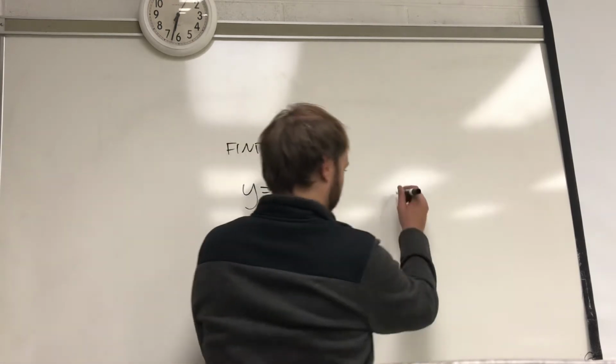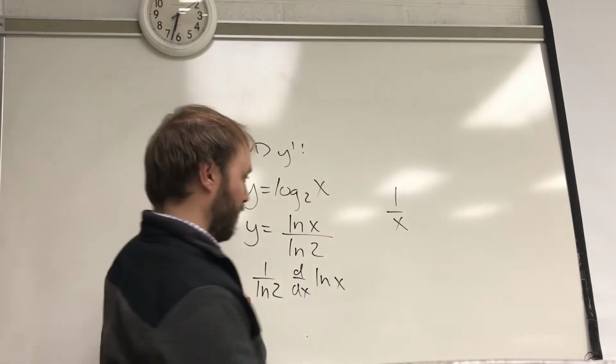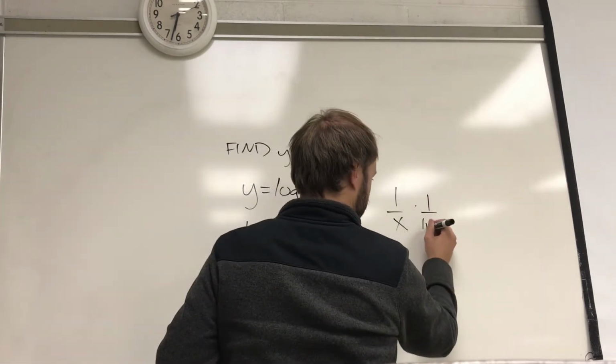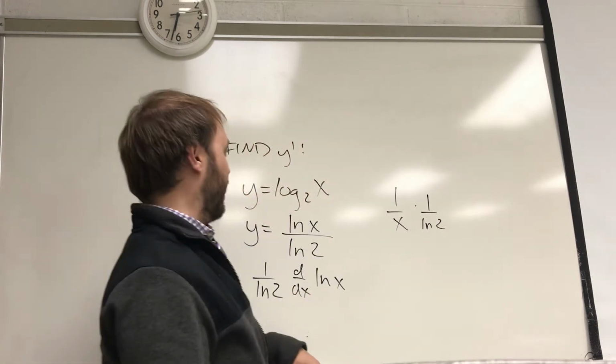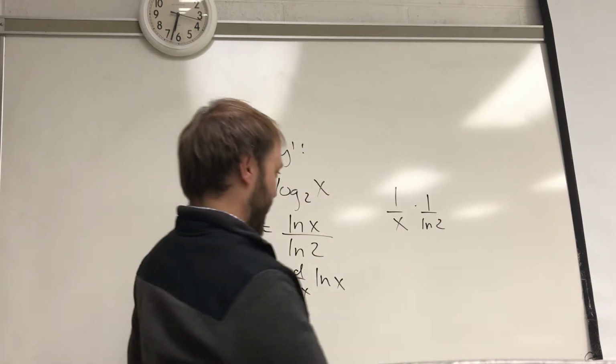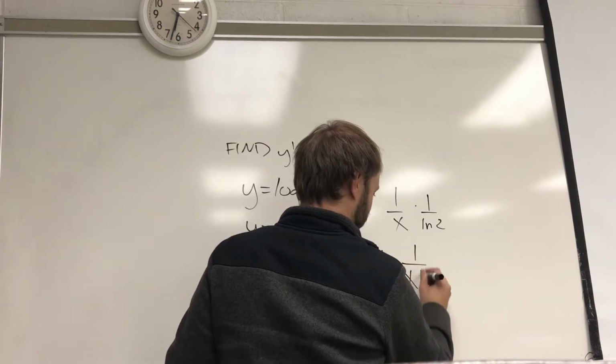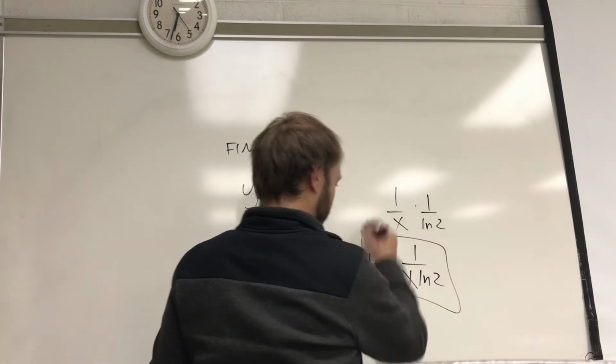So I have 1 over x coming from that, and it's being multiplied by 1 over the ln of 2. And so it turns out the derivative of log base 2 of x is actually just going to be 1 over x times the ln of 2.